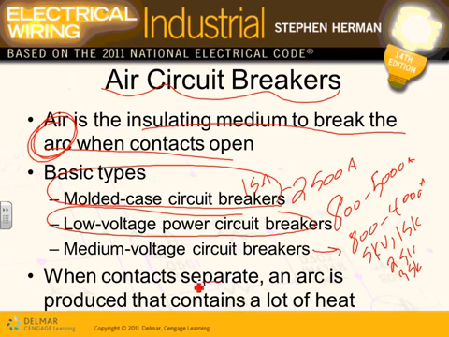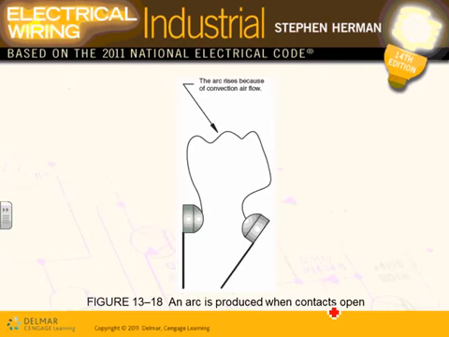When you open the contacts, guys, you always have an arc, and the arc has a lot of heat that needs to be dissipated. So designing all these circuit breakers is different, in the way they get rid of all this arc and heat. Here's what happens when you have a short circuit and you open the contacts. There will be a huge amount of arc.